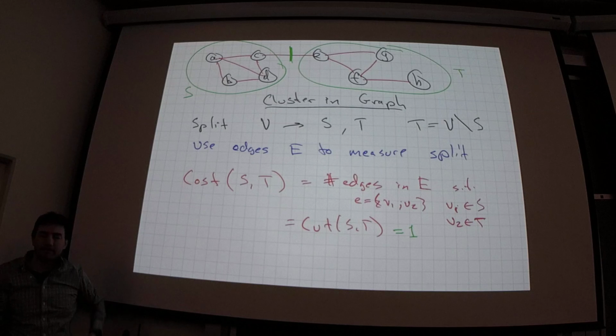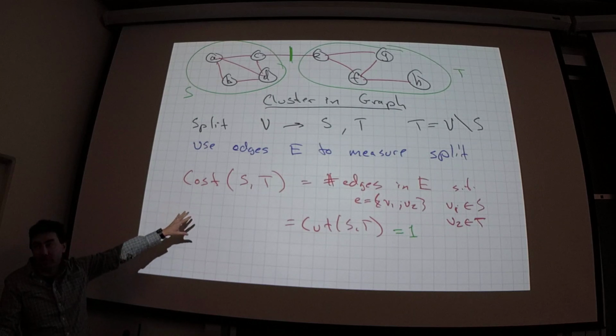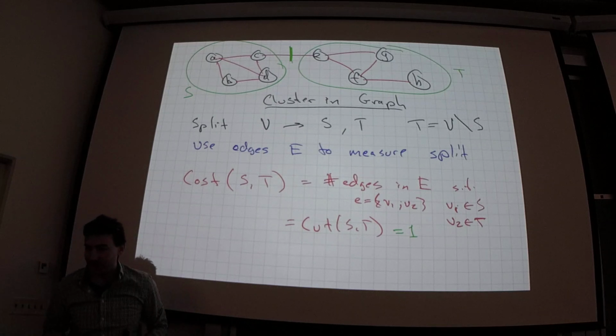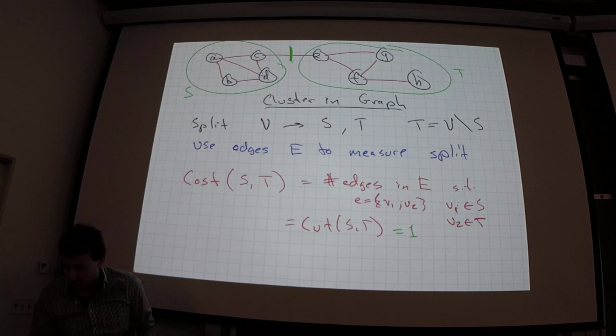Yeah? So going from F to H edge, with this definition, what's the difference between making that cut and then making a cut on F to H? Yeah, so that's actually the problem with this definition. This is a good first thought, everyone's first thought, but it's not always the right thing to do, right?